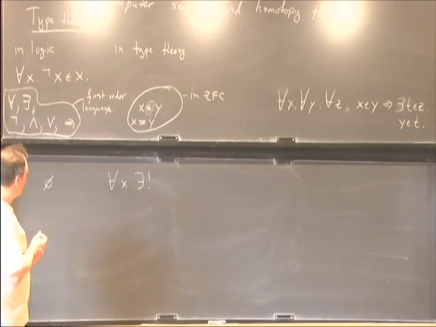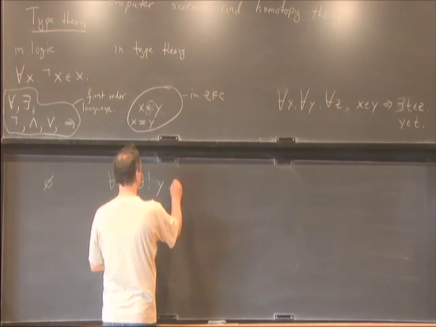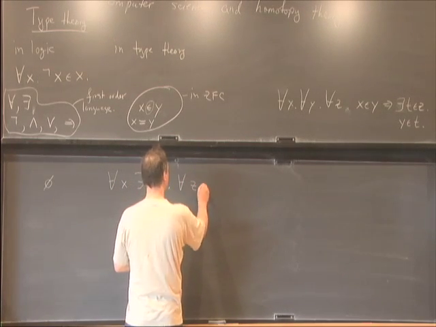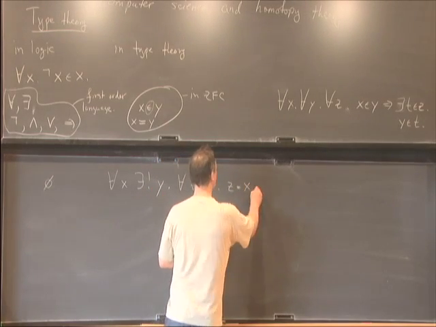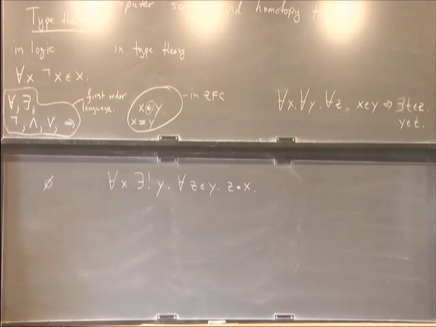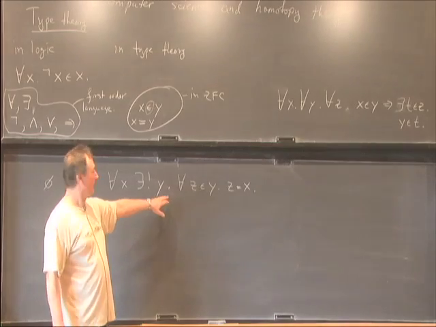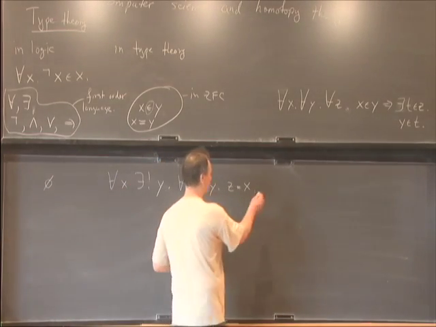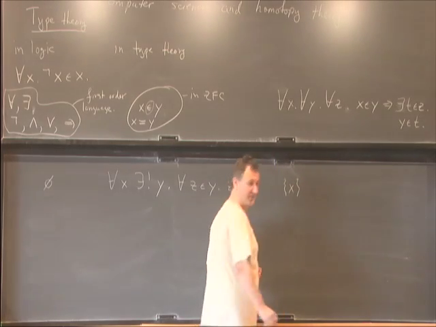There is an axiom which says that for each x there exists a unique y such that for all z in y, z equals x. That's the axiom which says that for each x there exists a unique new set y which has only one element, namely x itself, and it's typically denoted by this.